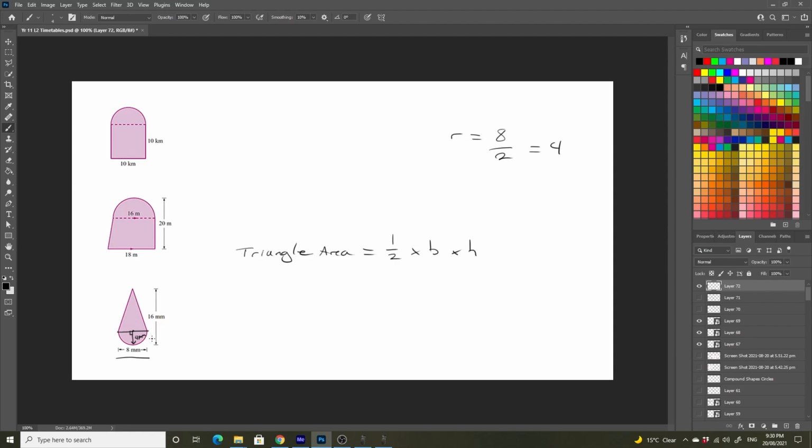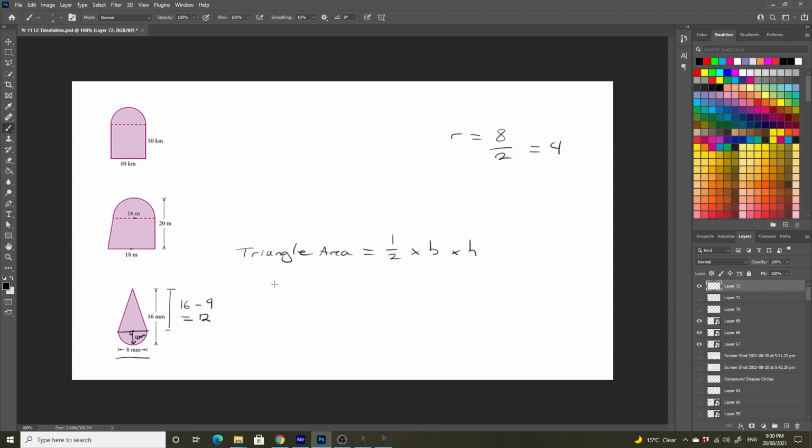Now if we know this shape's perpendicular height, and we know the overall composite shape's perpendicular height, then we know the distance of our triangle's perpendicular height is going to be equal to 16 minus 4, which is going to be equal to 12 millimeters.